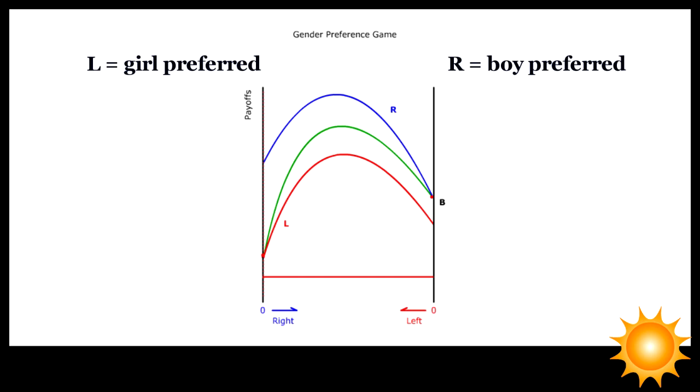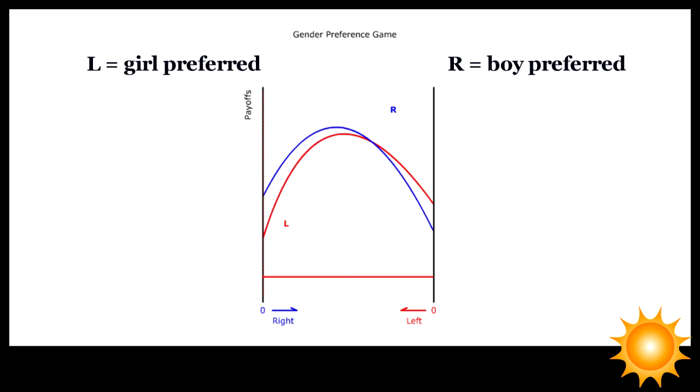But the all-boys solution, though stable, is inferior to a more mixed gender ratio at A. But if the preference for boys depends on the scarcity of girls, and vice versa, then the payoff curves would reverse their dominance, where the gender ratio is about half and half. Here, the stable solution at A is also collectively superior.